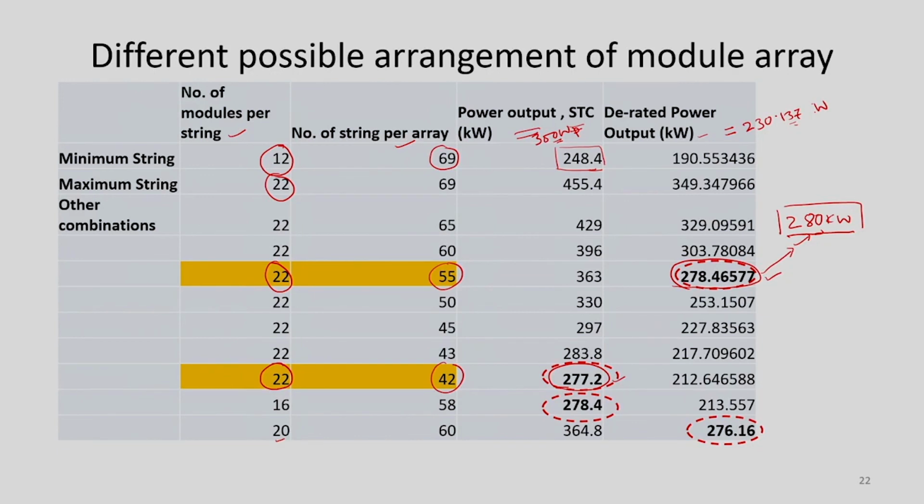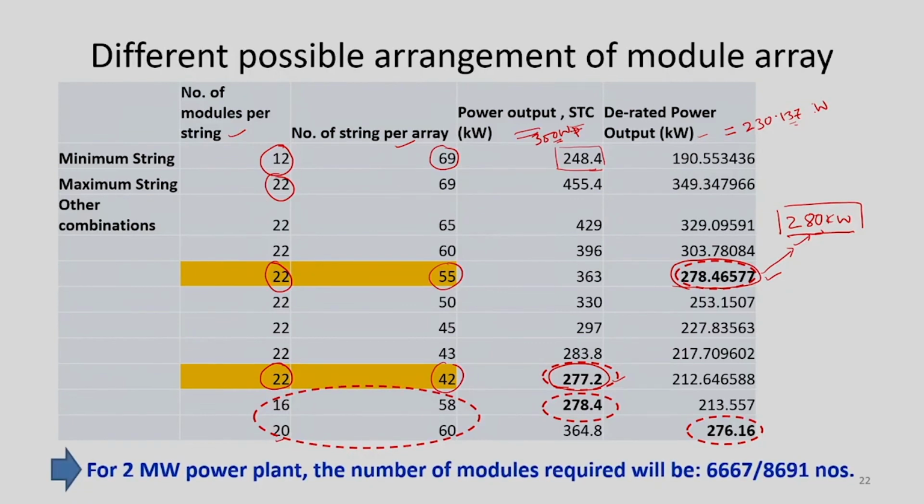If we consider these two cases, for a 2 megawatt power plant the number of modules required will be about 6667 for the first case, and for the second case we will have 8691 modules. How do we get it?